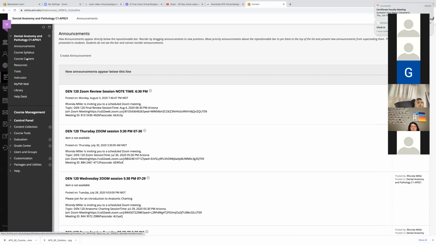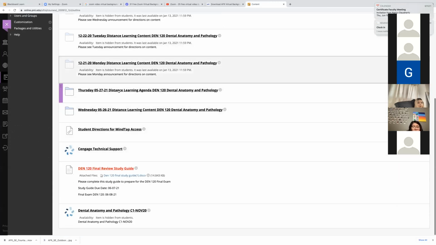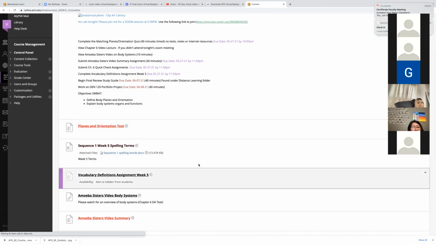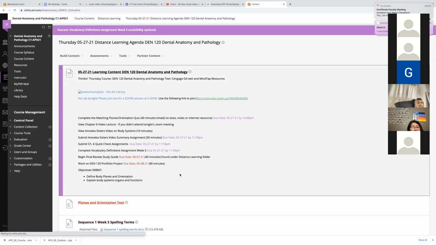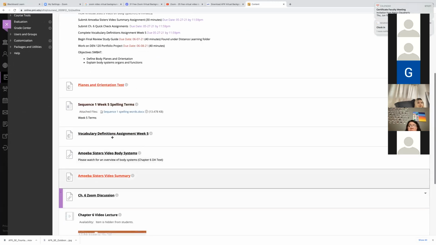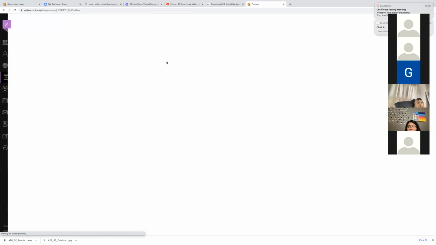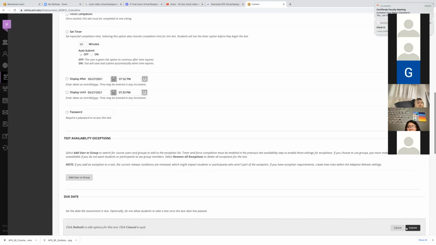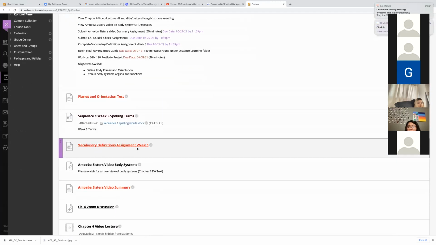Ooh, hidden from students. Okay, well, that's not good. Let's make that available. Okay, now you should see it. So this is the vocabulary definitions assignment week 5. And let me go ahead and make it red so it doesn't throw anybody else off. Okay, it should be there now.